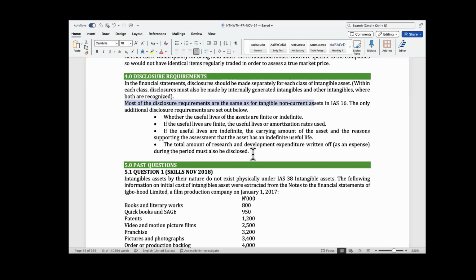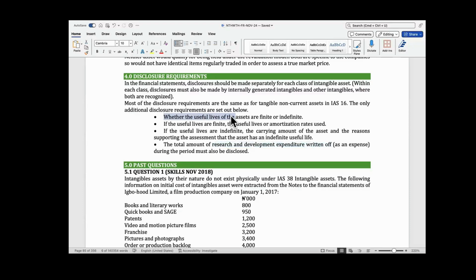These are just additional ones that are peculiar to IAS 38. Talking about research and development, if there is any, you need to tell us what portion of that research and development was written off and what portion was capitalized. You need to disclose whether the useful life of the intangible asset is finite or indefinite. But otherwise it's the same disclosure requirement as IAS 16.